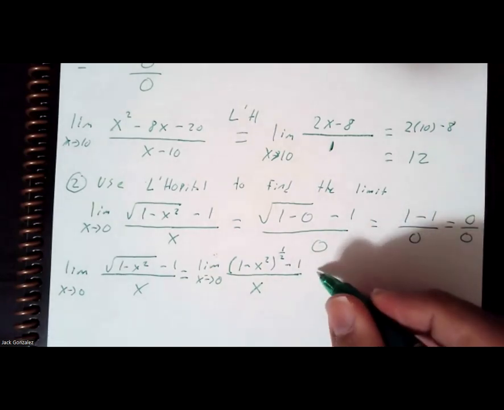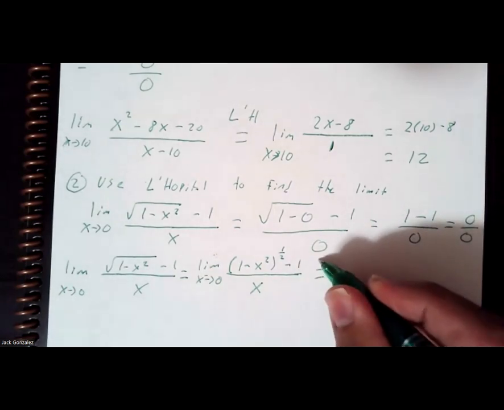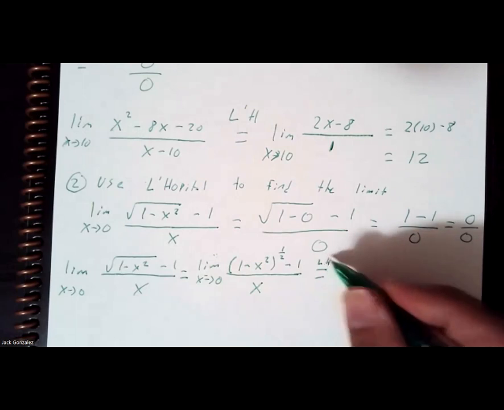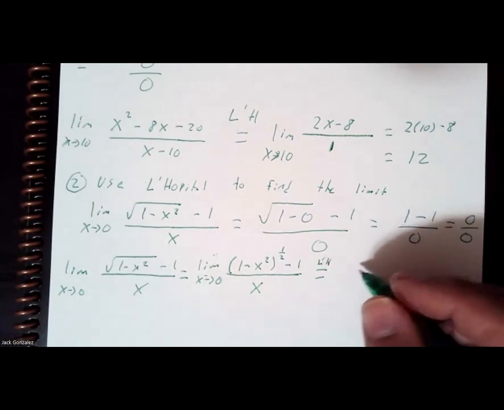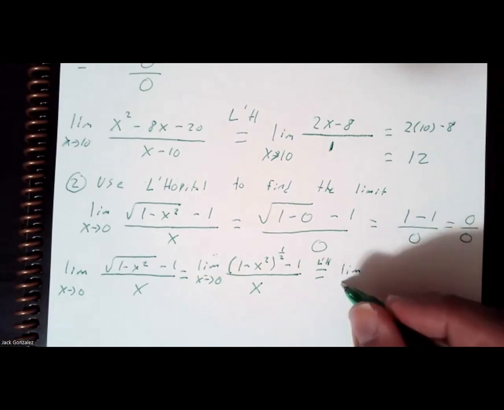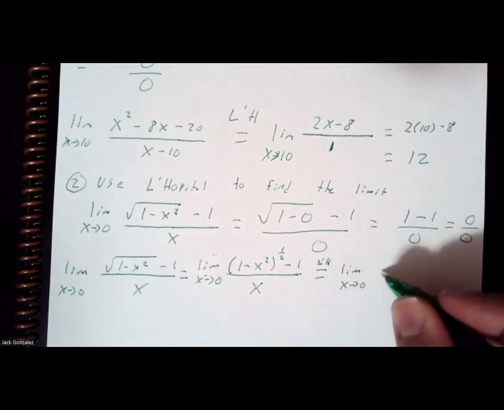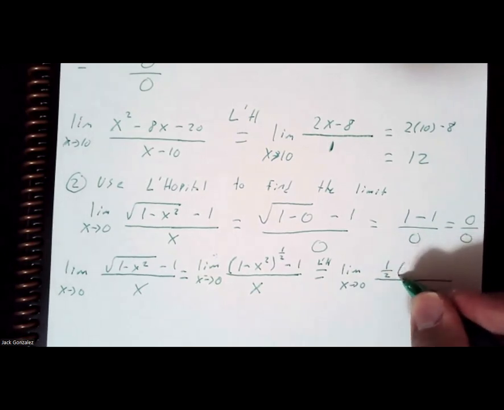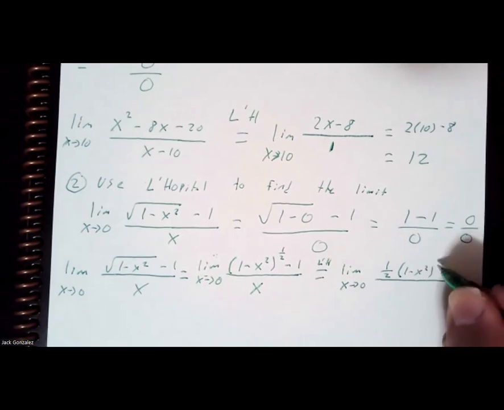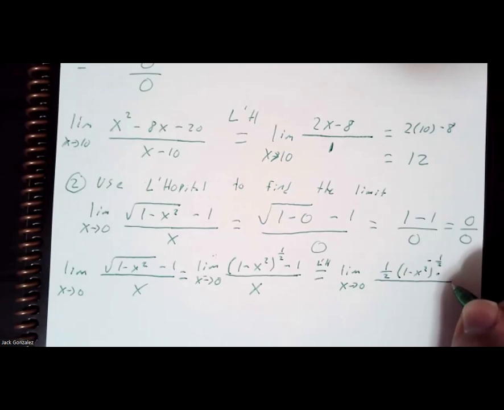So now we do L'Hopital right here. You bring down the 1/2, subtract 1, so that'd be negative 1/2, and then times the derivative of the inside.